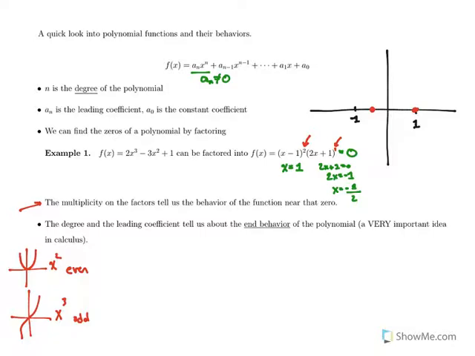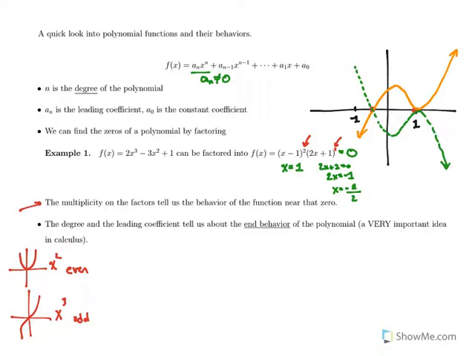So that means that this graph is going to look either like this, cross at -1/2, bounce at 1, or cross and bounce this way. And we don't really know which one it is yet without one more piece of information, and that is the degree and the leading coefficient, which tell us about the end behaviors of the function.